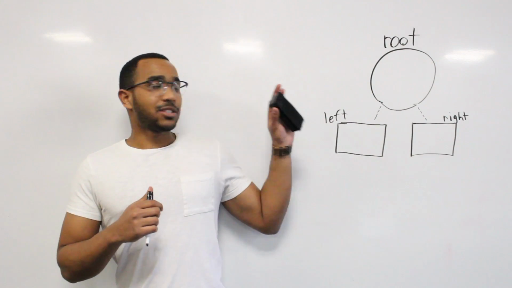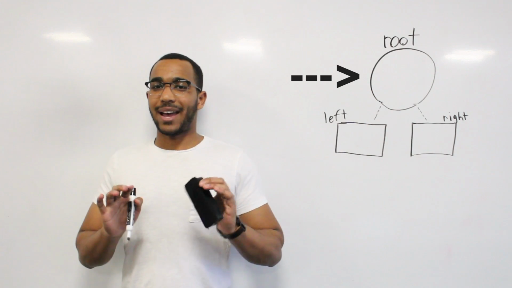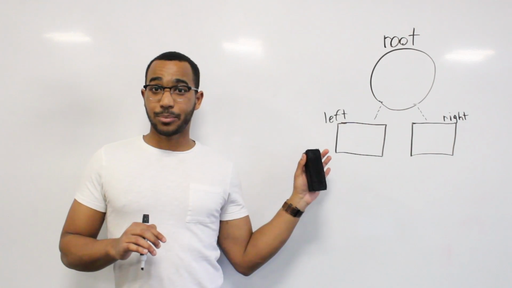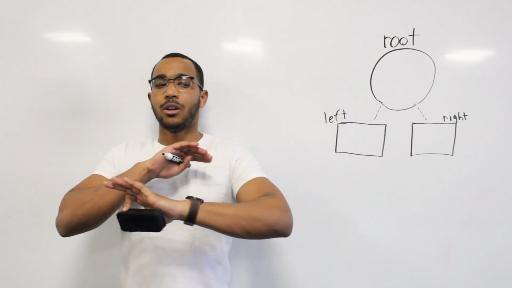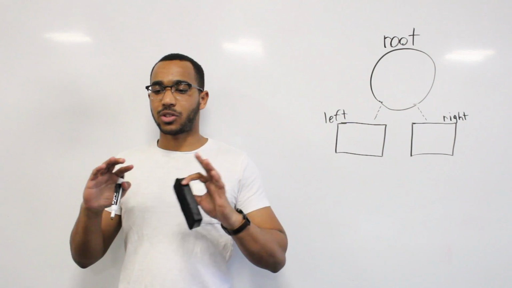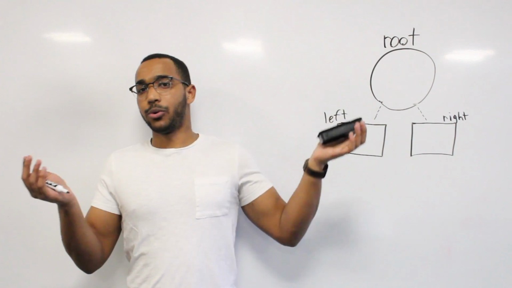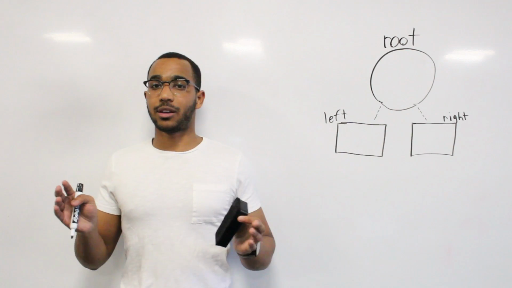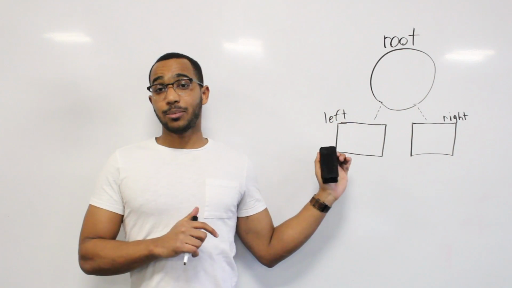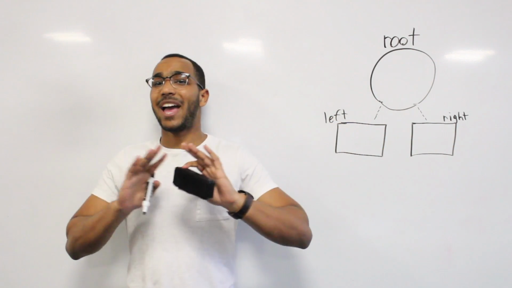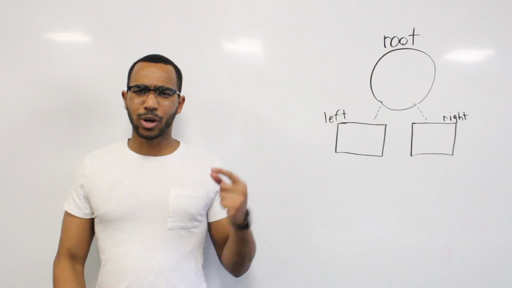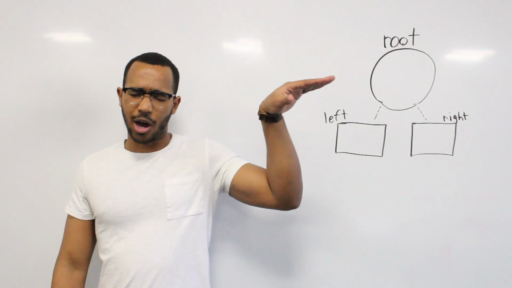Okay, so let's look at a single node, and let's look at a left subtree and a right subtree. This is an overarching framework for seeing any tree problem. We'll always have a node, which we call root or we call node. We could call it anything. And then we'll have a left subtree and a right subtree. We can do anything with those subtrees. Remember, we're going from the bottom to the top.